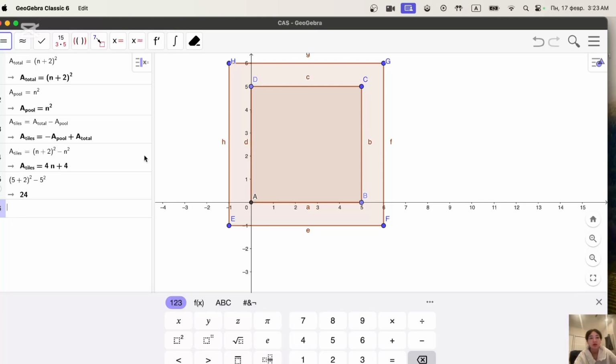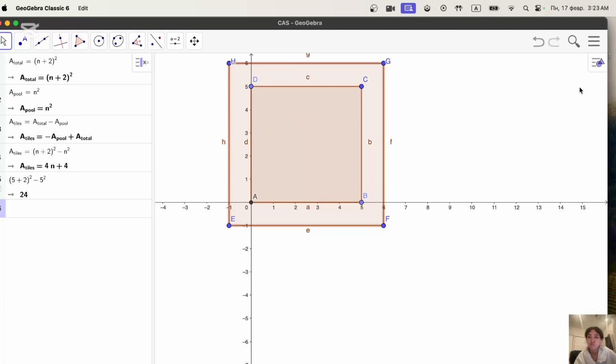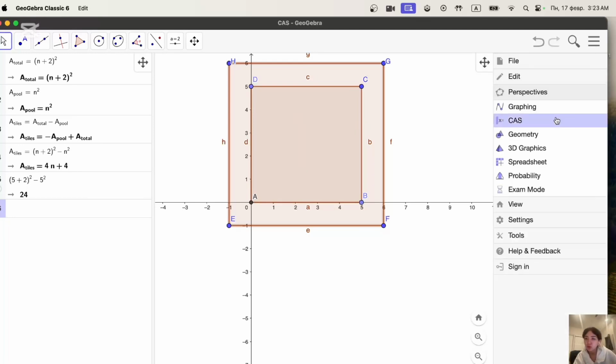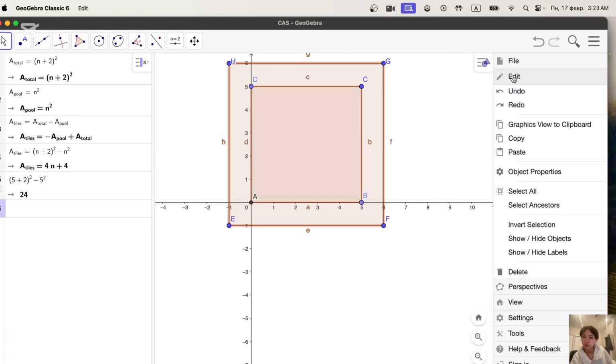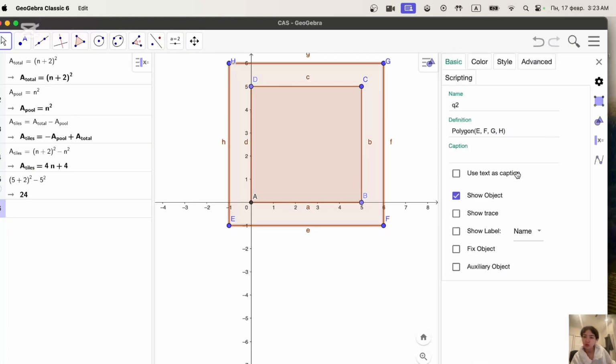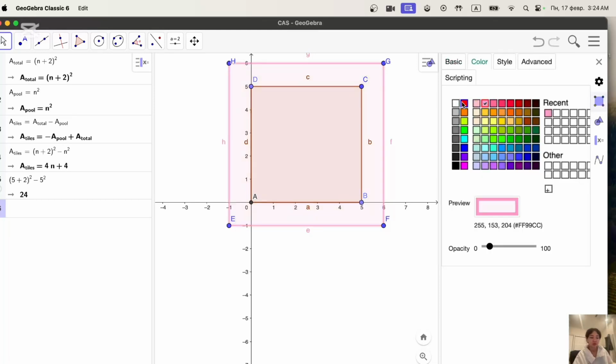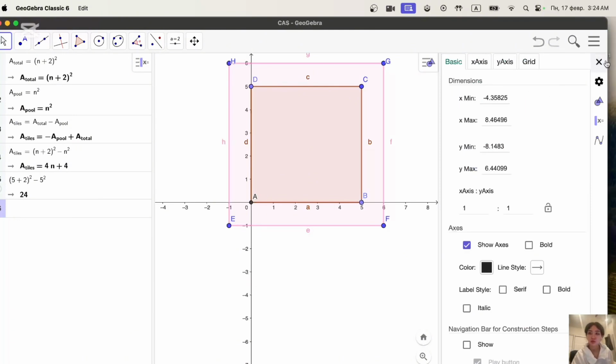So the correct answer is 24 tiles. We can also change colors.